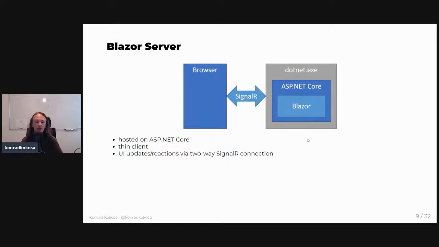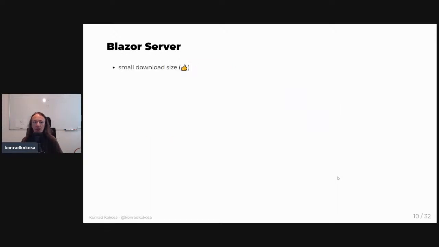The problem is about the SignalR connectivity here, because if we are in high latency scenarios, now we have a problem because the UI may become a little bit less responsive, because as I said, every reaction to everything that the user does is just sending, we are having a round trip to server and then back. So if we have high latency, we will see some delays in the user interface itself because of the connectivity problems. So that's risky.